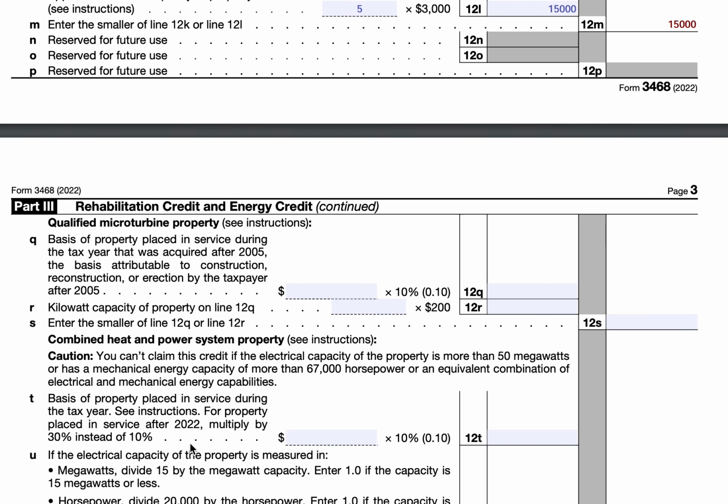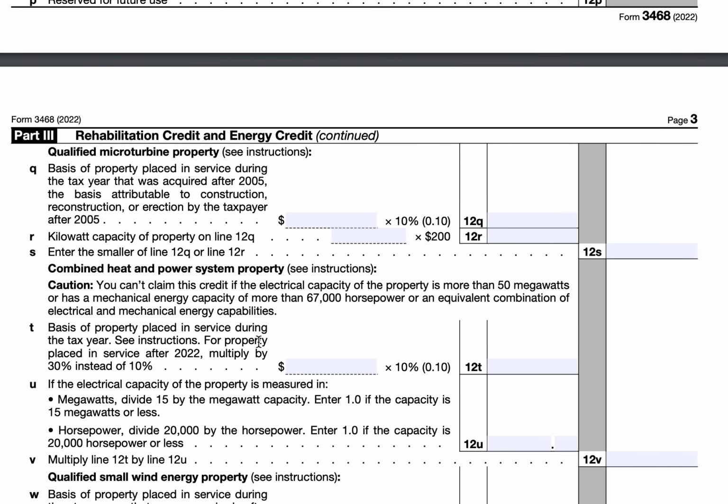We'll move on to qualified microturbine property. And again, this qualified microturbine property has an IRS definition. Specifically, it is a stationary microturbine power plant that has a capacity of less than 2,000 kilowatts and has an electricity only generation efficiency of at least 26%.